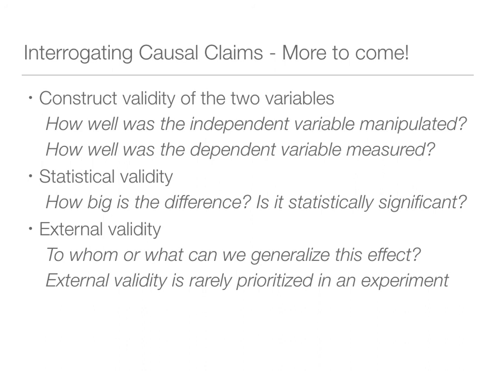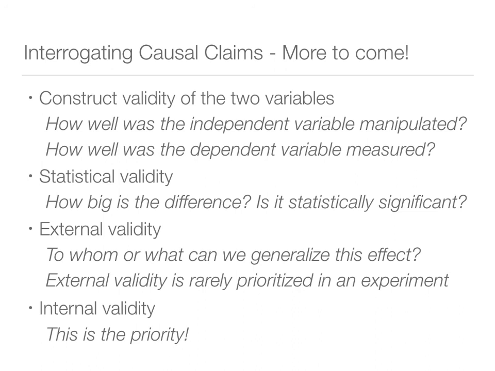Now, we don't spend a lot of time worrying about this in experiments, and that can be problematic. But the reason that we do that is because internal validity really is our priority. And as you'll see when we have an entire lecture dedicated to internal validity in experimental studies, there's a trade-off between those.